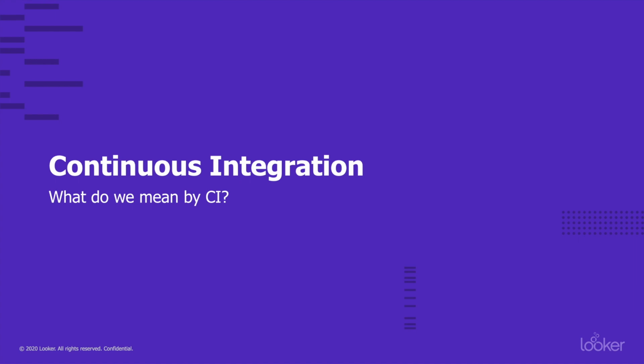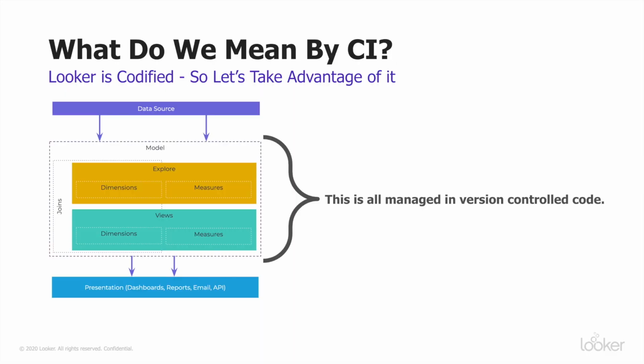Right, so what do we mean by continuous integration? In Looker, as a review, everything that's a model, a join, dimensions, measures, explores, that's all managed in version-controlled code. Looker introduces this practice to analytics that software developers have been using for a long time.